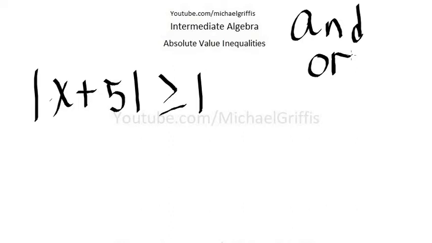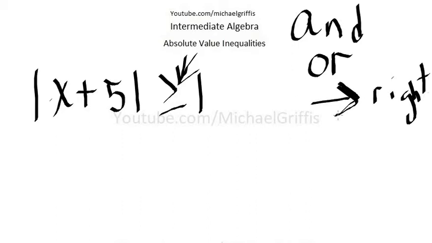Think of this inequality here as an arrow pointing to the right. You see the letter R in the word "or"? I want you to associate "or" with the word "right."